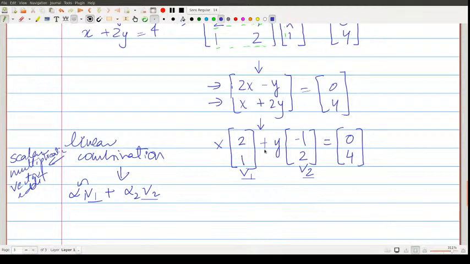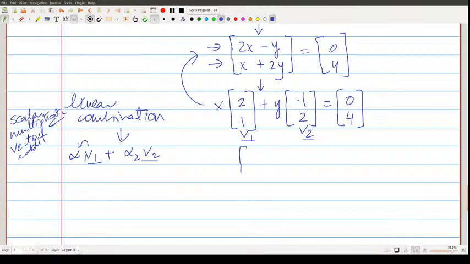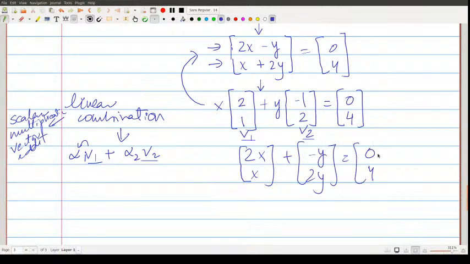So if I want to go back from this to this form, I just have to multiply x with this column, y with this column, and then add the two columns together. Let's try to do that, just so you get a sense that I've not done anything illegal here. It's all mathematically valid: 2x, x, plus minus y, 2y, and of course now if you add these vectors together, you get 2x minus y and x plus 2y.